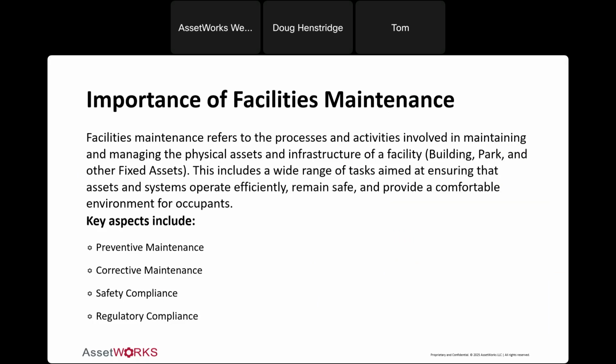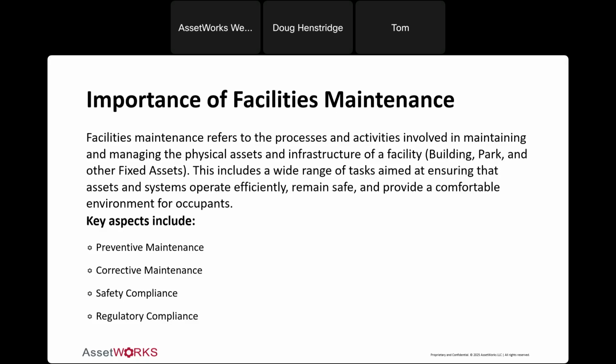One, obviously, is preventative or routine maintenance. You want to get out in front of things that may be failing. Corrective maintenance is usually repairing things that broke, or things you identified as problematic through an inspection before they become a bigger problem. And in some cases there's safety compliance, like inspecting playgrounds in a park to make sure they're safe for children to play on.